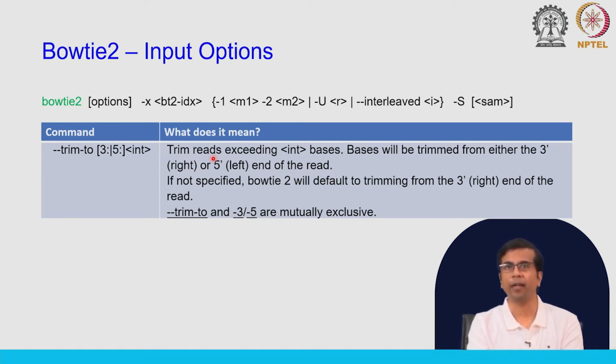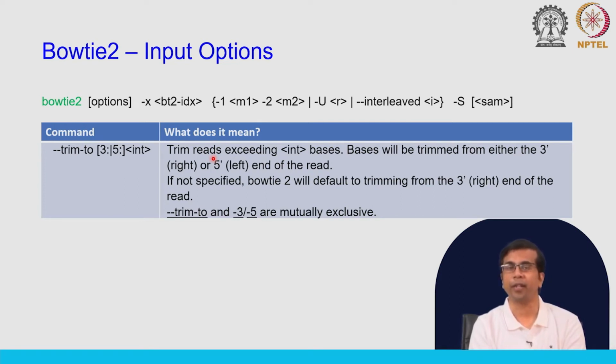Bases can be trimmed from either the 3 prime end or the 5 prime end, but not from both. So, you have to mention which side you want, whether 3 prime end or 5 prime end. By default, if you do not specify, Bowtie2 will trim from the 3 prime end on the right side. So, again this is a different option.